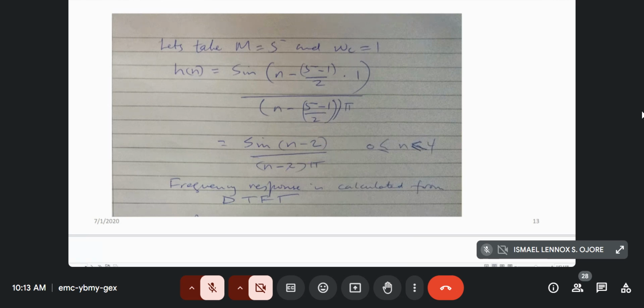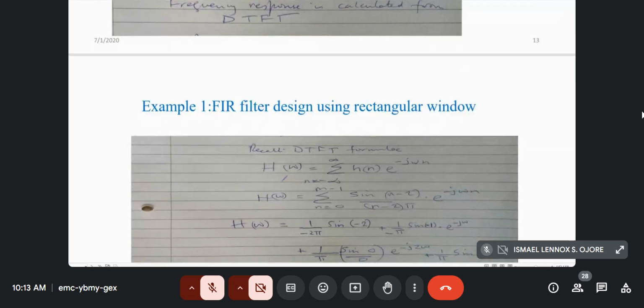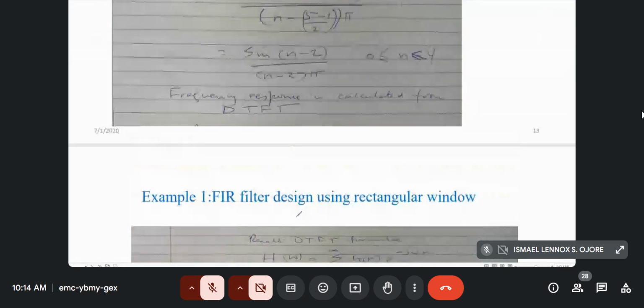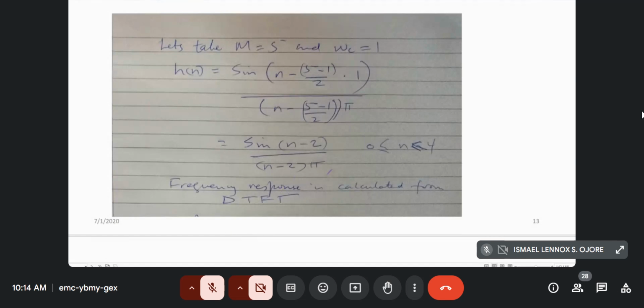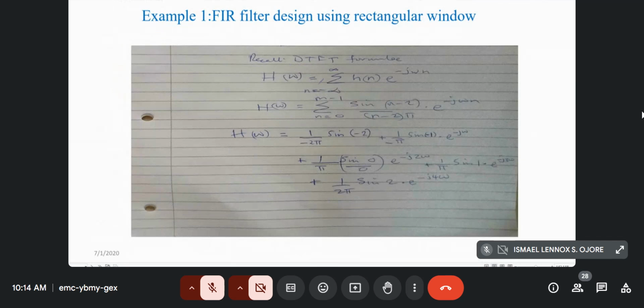But in this case, we have been asked for the frequency response. So please note, it depends on what your question is asking. It's always very important, if it's an exam situation, that you read what is asked for. Because ordinarily, if you do an example and you reach up to here, you think you have gotten it and you give this. But here you are asked for the frequency response, so we have to get our DTFT.